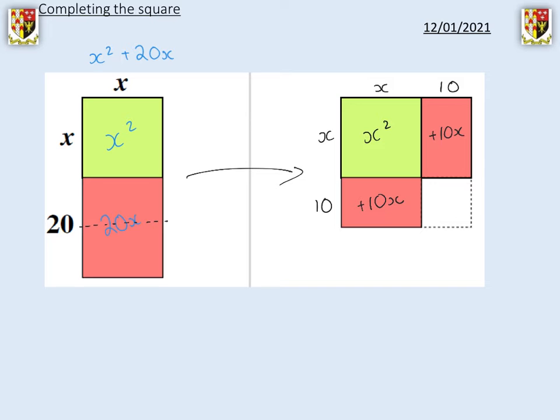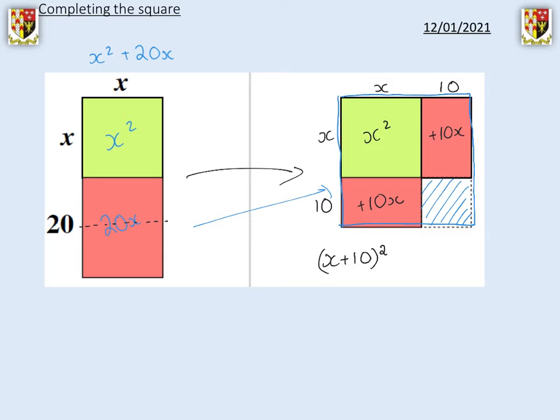So if I wanted to, I could try to write this as a square with both sides being x plus 10. So if I wanted to, I could square it there, and that would give me the area of the whole thing here. The problem is, of course, that the difference between the whole square and that before is that I've got this little part here included that wasn't there.